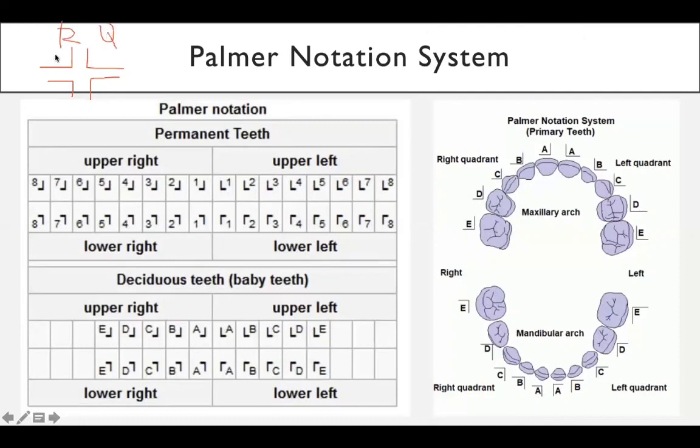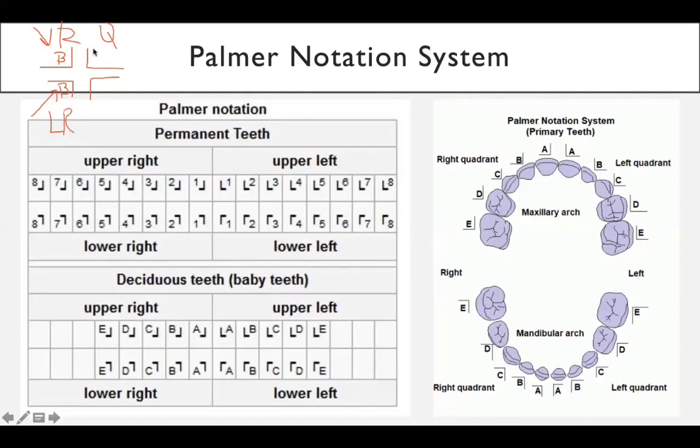Because in this, the letter is on the right side and it's closed on the right side, this is the right quadrant. And because it's open from above, it is the upper quadrant. So closed from the right side and open from above, upper right quadrant.